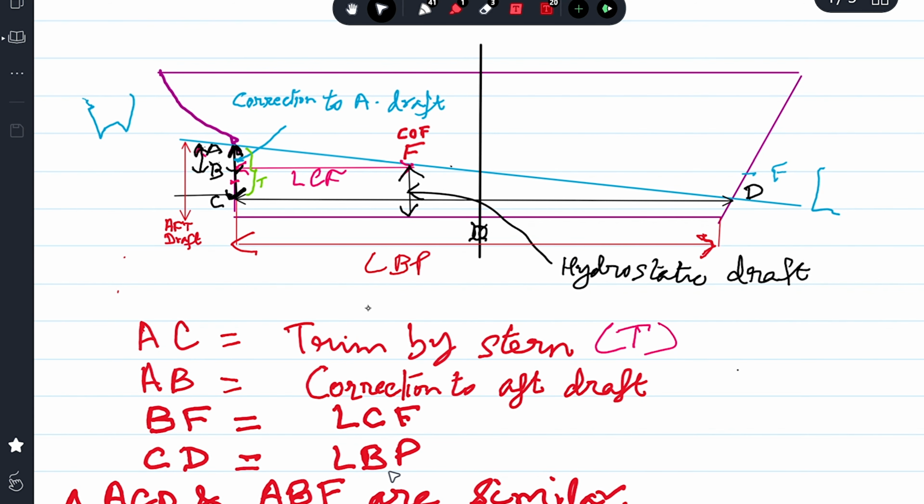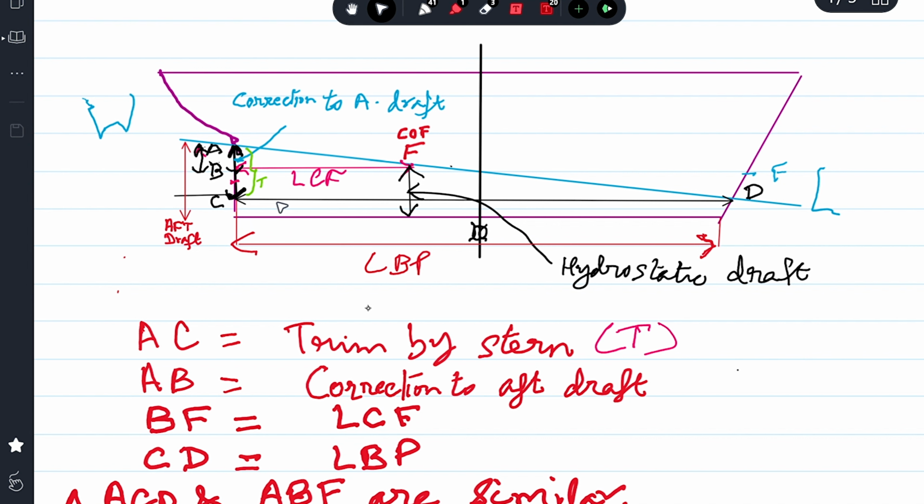you will see that there are two triangles we are comparing. One is the big triangle ACD. So CD is the length between perpendiculars and AC is trim by stern. You can see that this is aft draft minus forward draft, the remaining is trim.